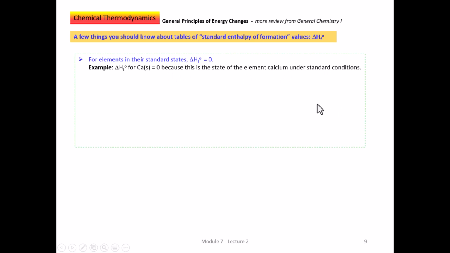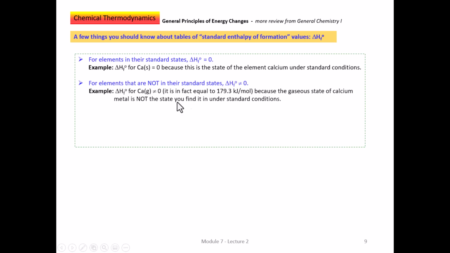It comes as a solid. For elements that are not in their standard states, the heat of formation values are not 0. So for example, if you looked up the heat of formation for the element calcium in the gas form, it's not equal to 0. In fact, it's equal to 179.3 kilojoules per mole.